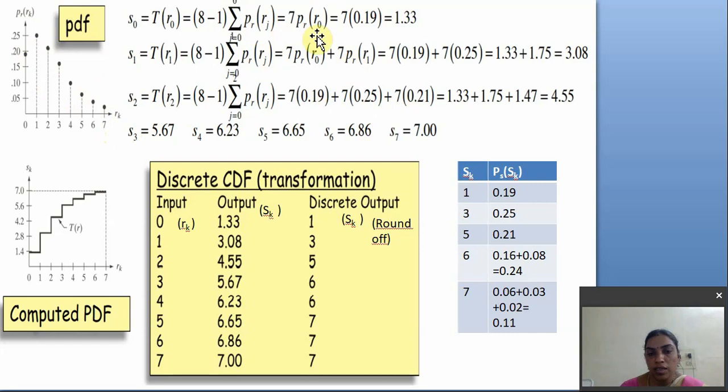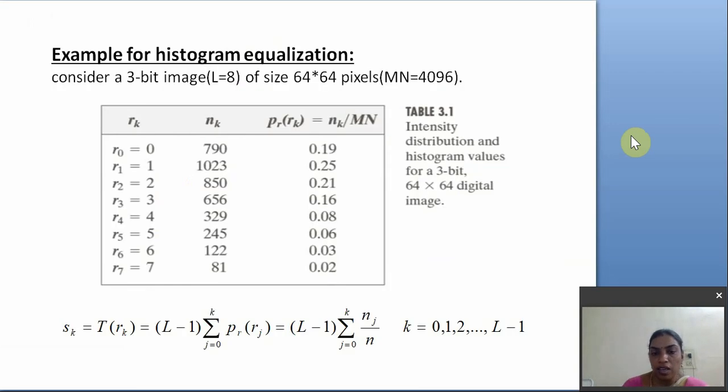To find the Sk values from the Rk, use the histogram equalization transformation operation, that is Sk is equal to L minus 1 summation PR of Rj or Nj by N. Observe this formula. S0 is nothing but L minus 1 summation j equals 0 to 0, PR of Rj.